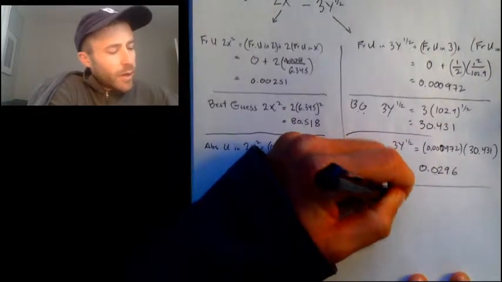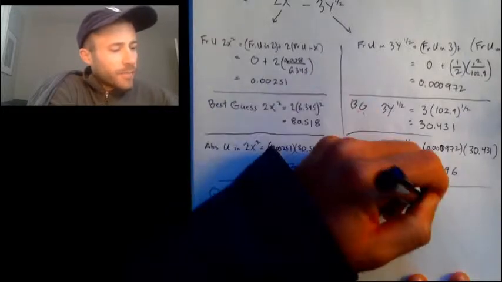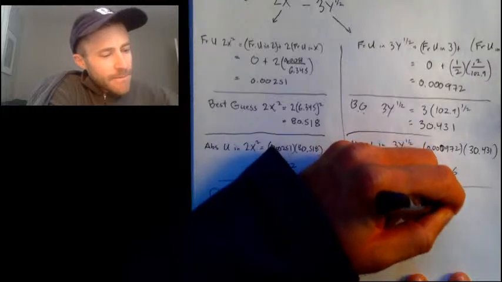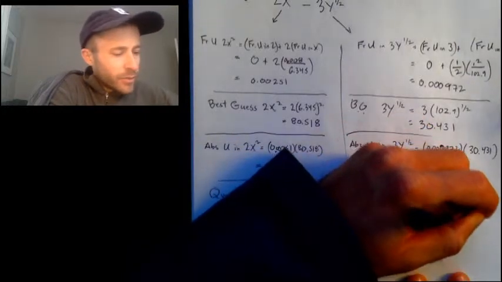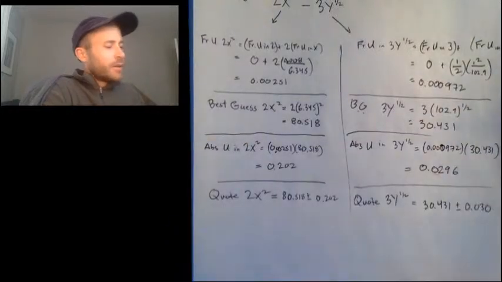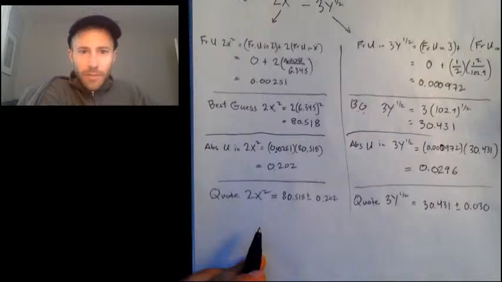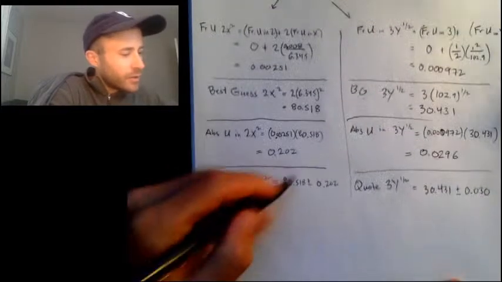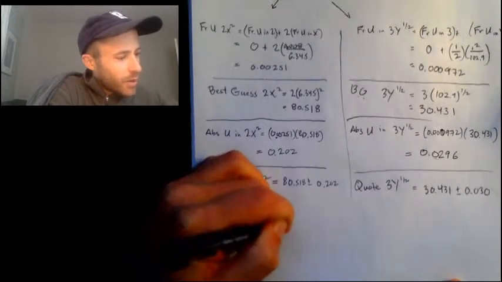So now we've got to quote 3y to the 1/2. That's going to be 30.431 plus or minus 0.030. Okay, so now we subtract these. We're going to subtract our best guesses, because remember, our original expression is 2x squared minus 3y to the 1/2.